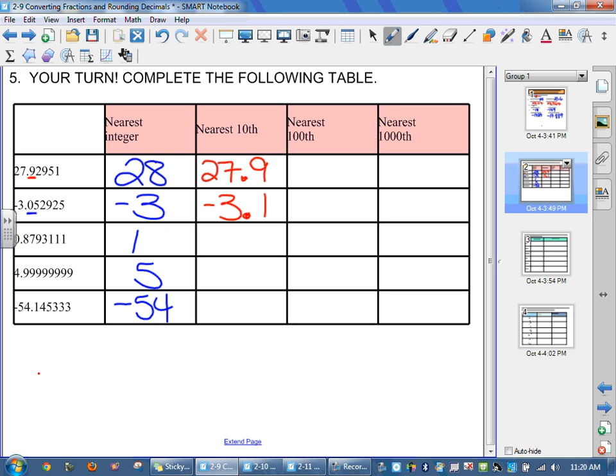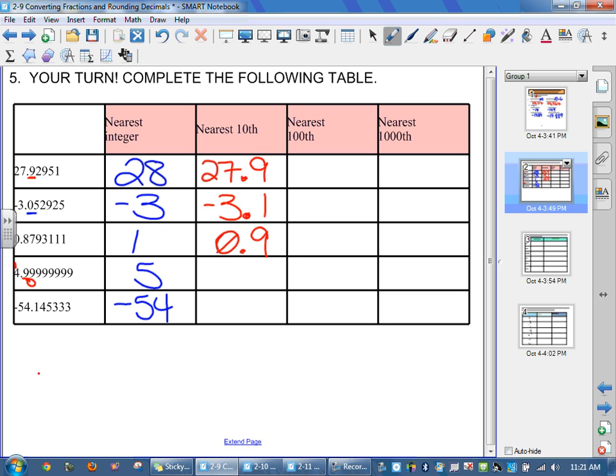Let's take a look at the third one here. 0.879. What does that 7 make the 8 do? He goes up, so we get 0.9. All right, what does that 9 make the other 9 do? It makes it round up. This is that situation I was telling you. It's going to make it go to a 10. So that means that this one becomes a 0, and its 10 has to add to the 4 over there, the 1.